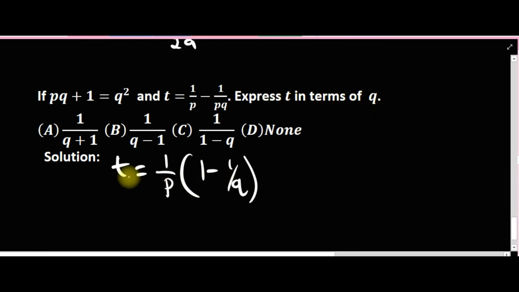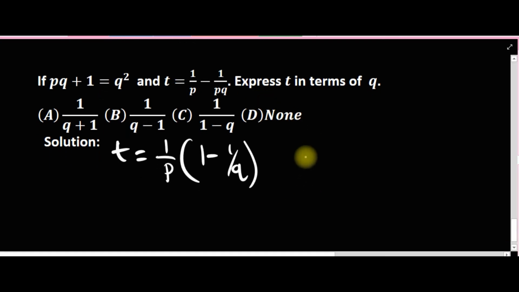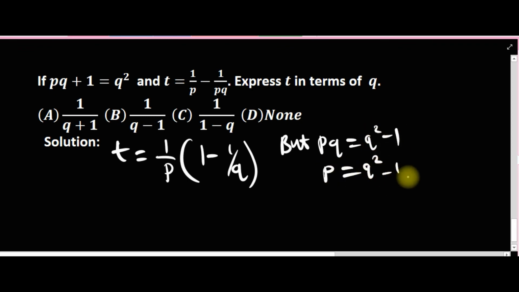So p will go. We'll go over to the next equation and make p the subject of formula. From here, making p the subject of formula, pq equals q squared minus 1. So p is q squared minus 1 over q.